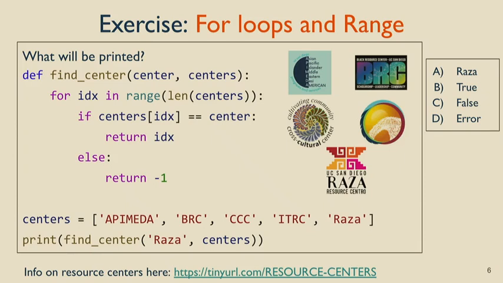So now we're checking to see if the centers at a certain position, in this case IDX, is equal to center, something that we put in, raza. Okay? So what's going to get printed out? Sorry, what will be printed from this system? Is it going to be raza, true, false, or error?